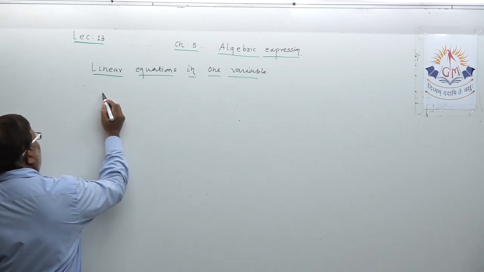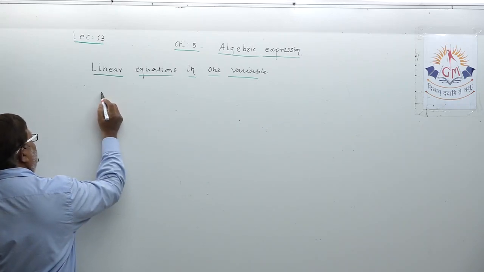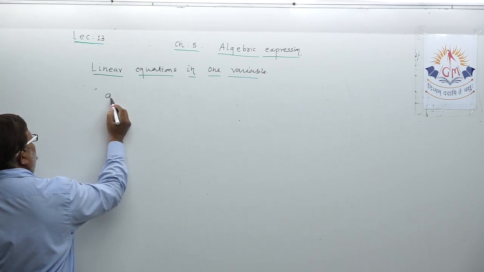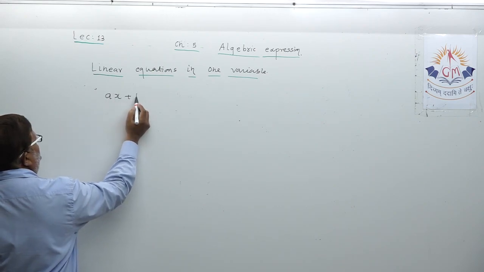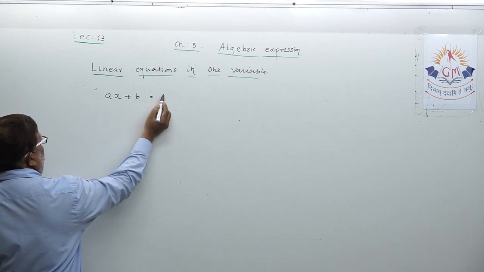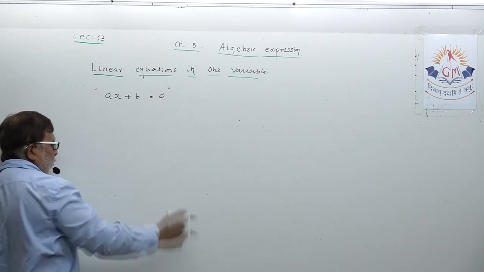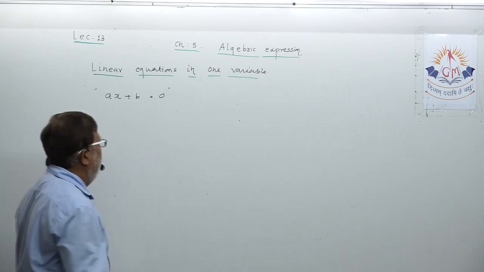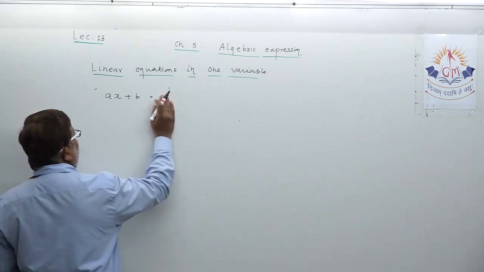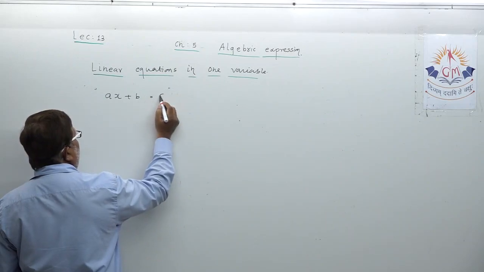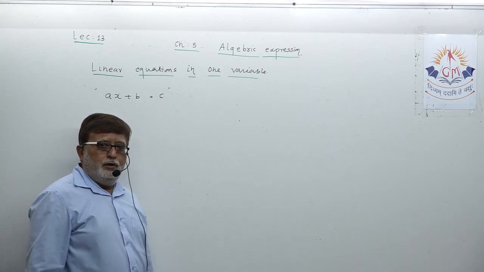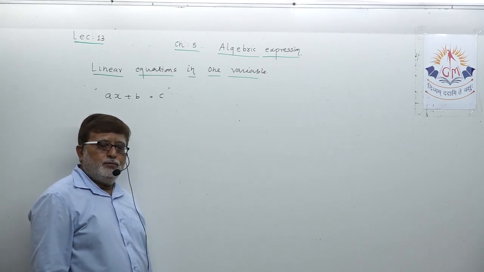Suppose I write one mathematical format here, ax plus b equal to 0, this is called linear equation. Instead of this you can write ax plus b equal to c. This is called linear equation in one variable.